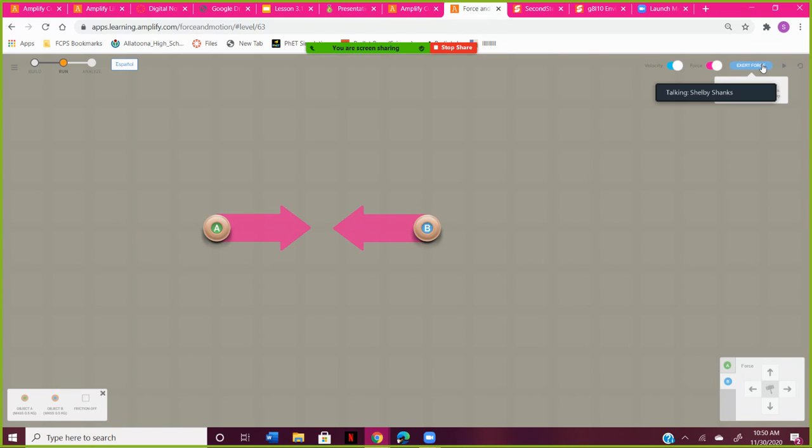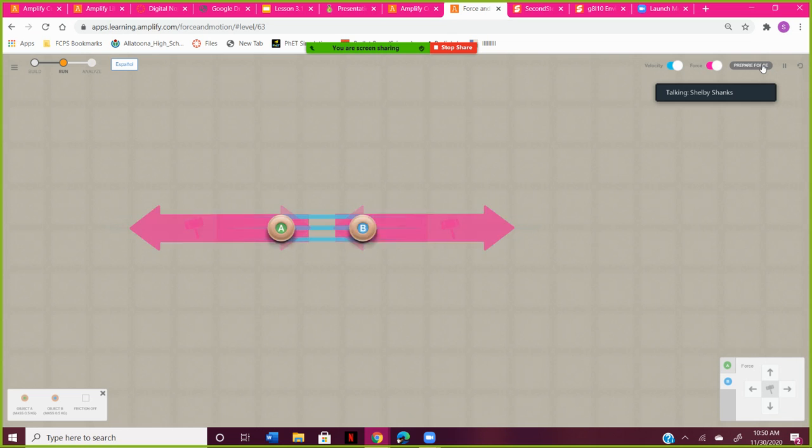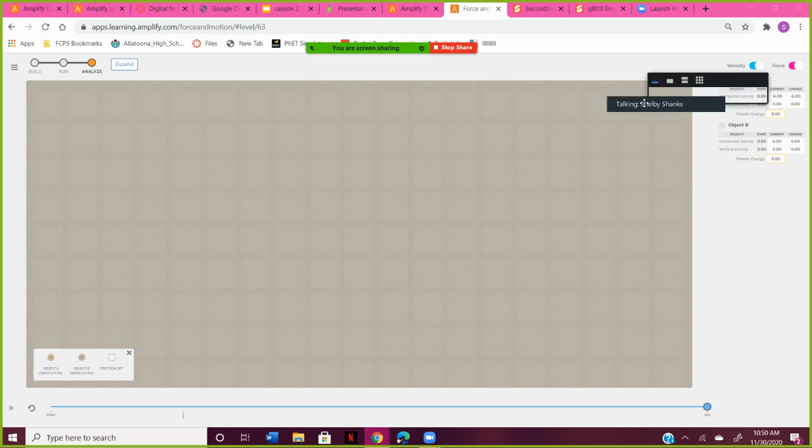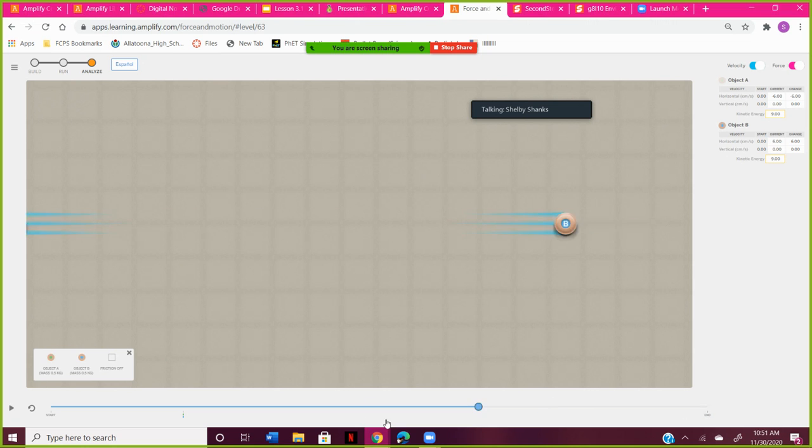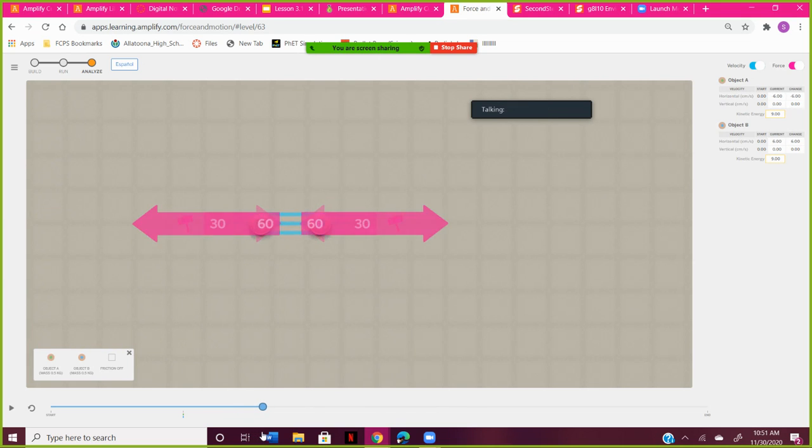Then when you go to analyze, that is where you will see the change in velocity, and you will see the force as well. When you move this blue scrubber bar back and forth down here at the bottom, you'll see the forces.